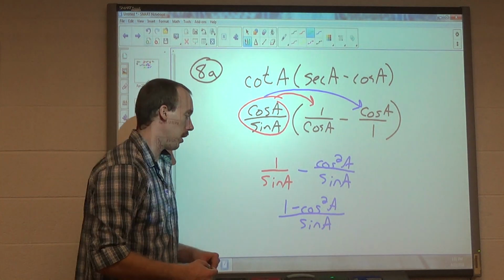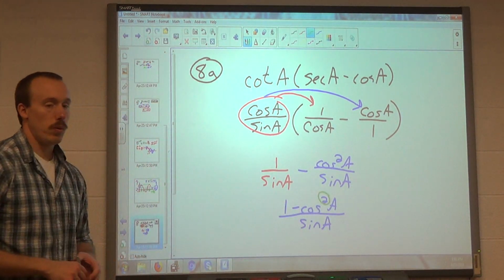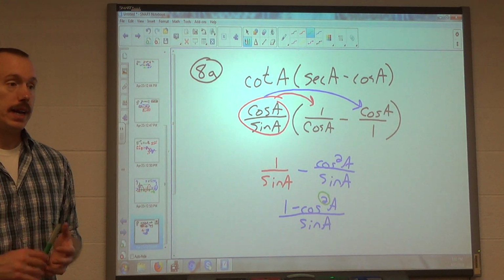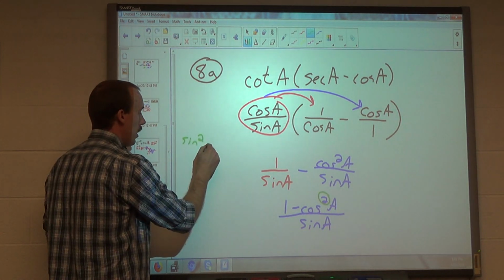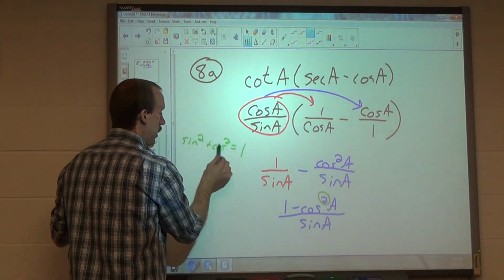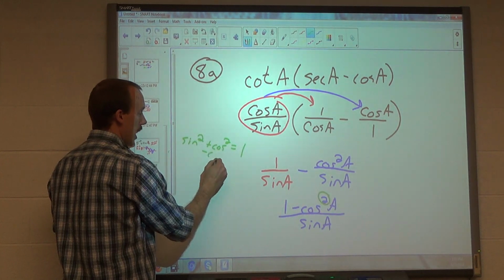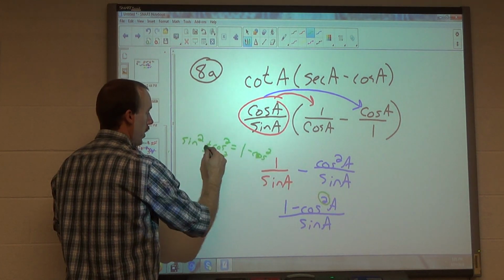There should be an alarm trigger in your head right now because you see a squared. What should we be thinking about? Pythagorean identities. What is the actual identity? Sine squared plus cosine squared equals 1. So how do I get this identity to convert into this? I subtract my cosine squared over.